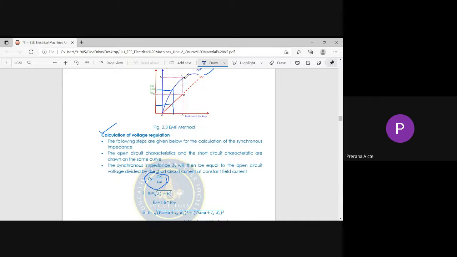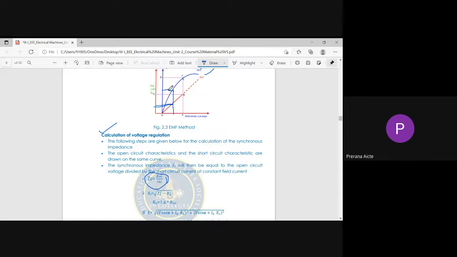See here, below the saturation point of the OCC curve, at any particular value of field current, we project to the SCC and OCC, and again draw to the y-axis.